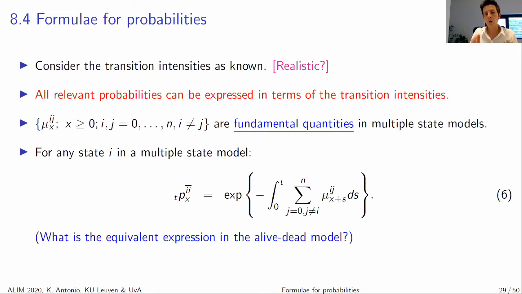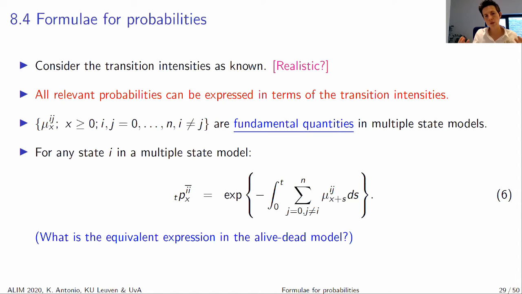Yeah, but I hope you immediately see the analogy with what we had in the first half of the course, because there we set the probability of surviving between x and x plus t. That was the exponential of minus the integrated force of mortality. So that's exactly the same kind of structure.